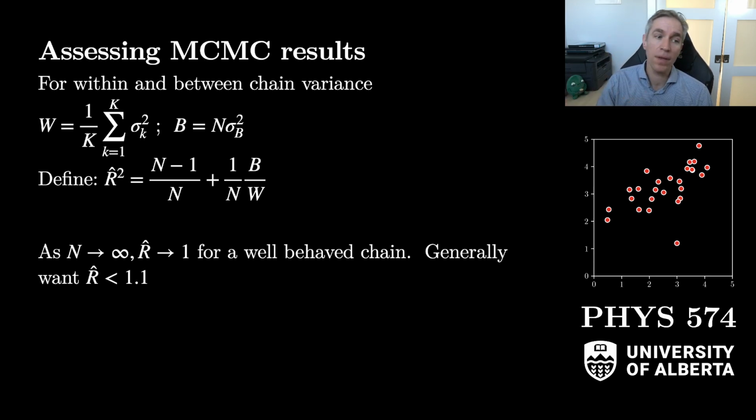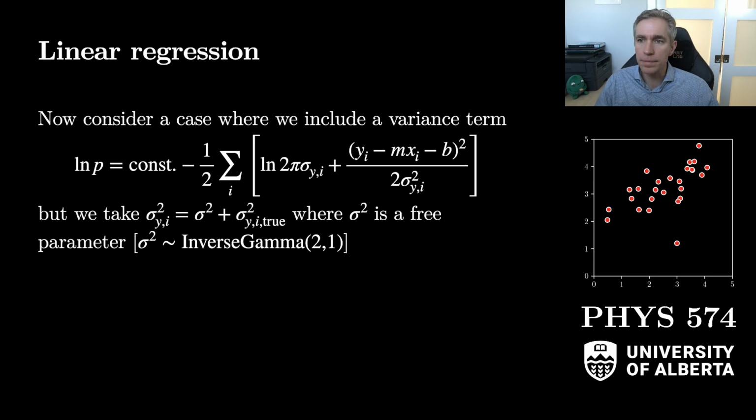Generally, when you're calculating R hat, you want it to be less than 1.1, ideally less than 1.01, and that indicates a well-behaved chain. This is where this metric comes from, and you can just calculate it directly and report R hat for your chain. Often these MCMC packages will just calculate R hat for you.